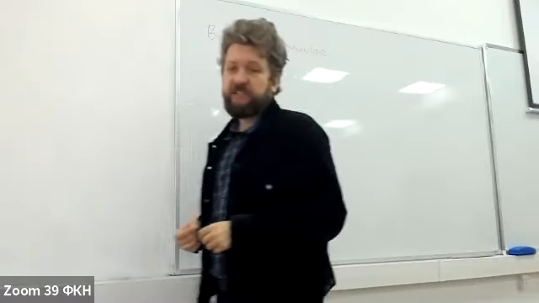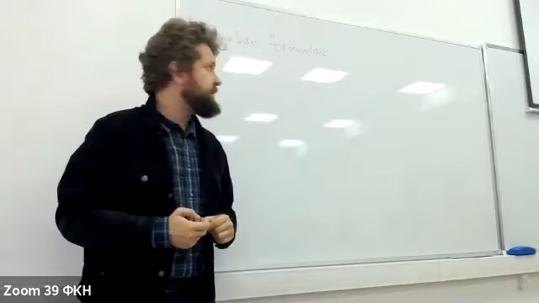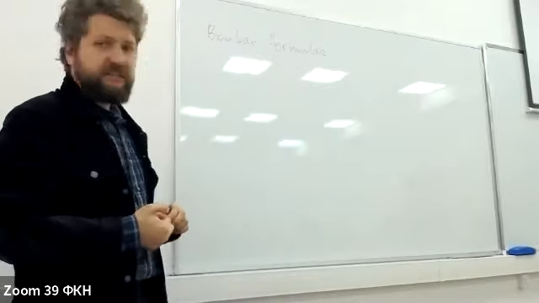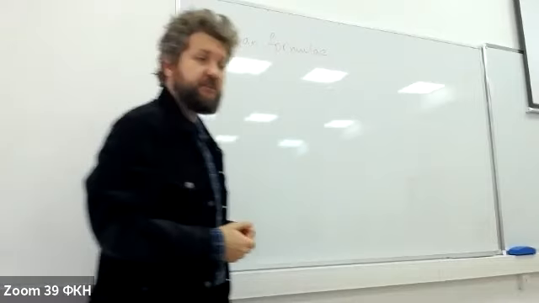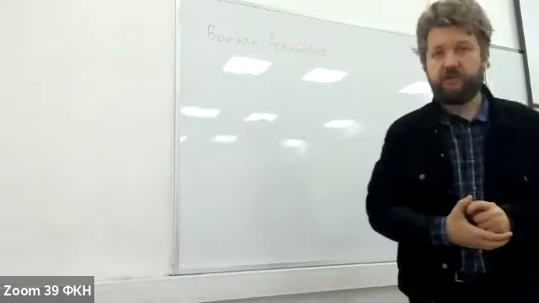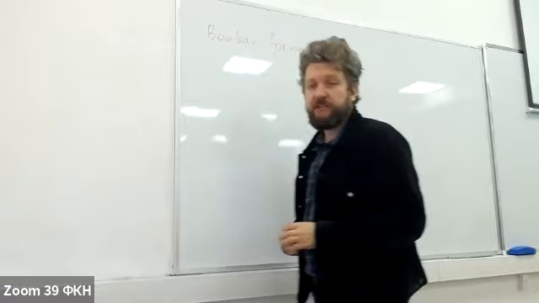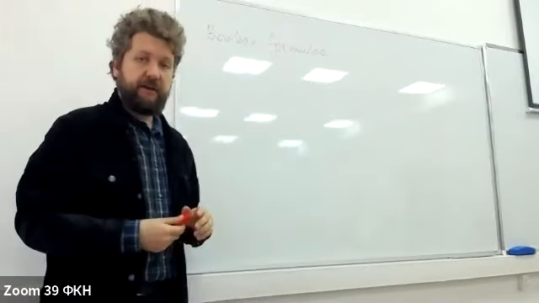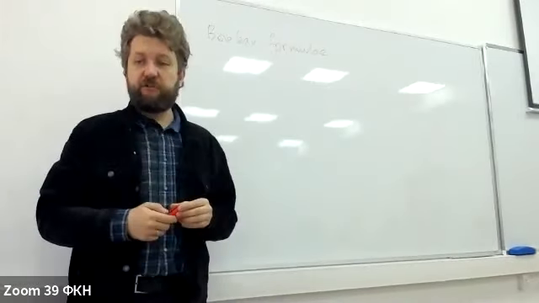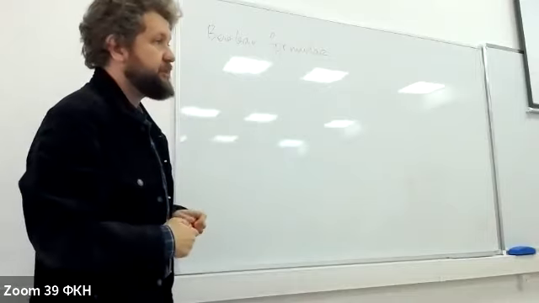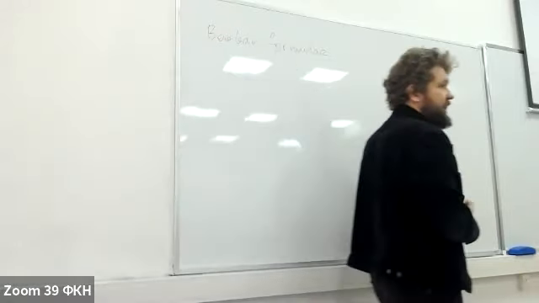Okay, so we discussed Boolean formulae, and we discussed the question of satisfiability for them. Satisfiability means that we don't wish the formula to be always true, but we wish the formula to be true sometimes.